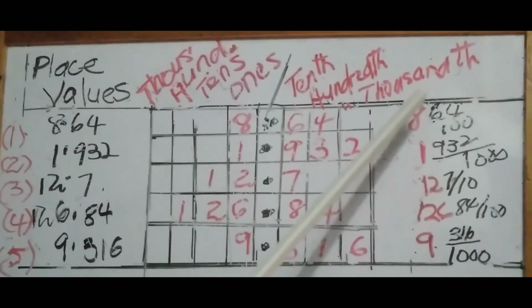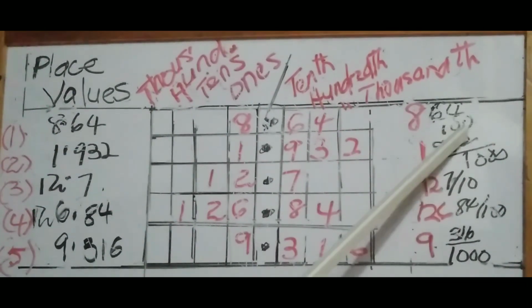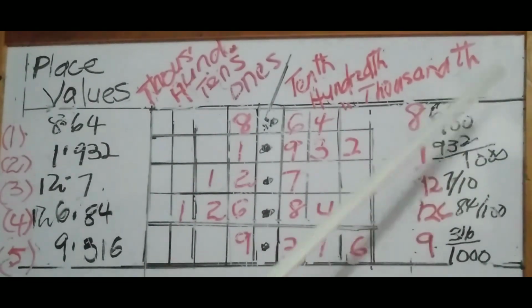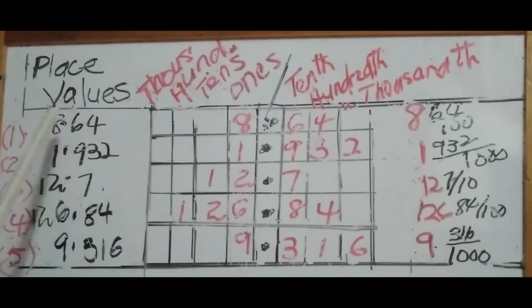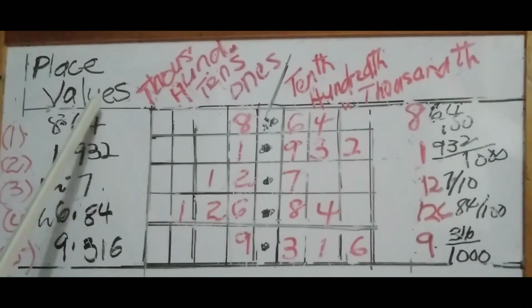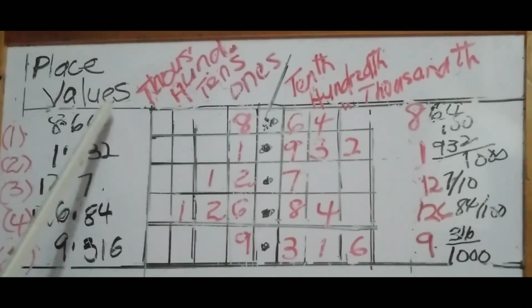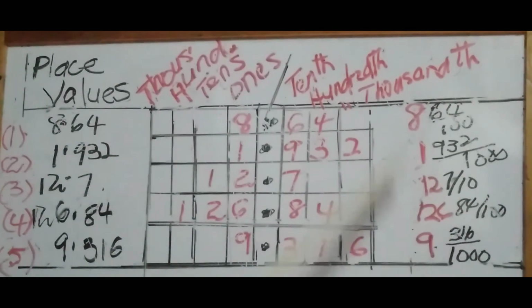How you decide what power of 10 to put under the bottom when you're expressing a decimal as a fraction is to look at the number of places of decimal. What we mean is the number of digits that come behind the decimal point. In the case of 8.64, 2 numbers come behind the point, so we have 2 places of decimal. If you have 2 places of decimal, then the denominator has to be 100 if you're going to express this decimal in fraction form.